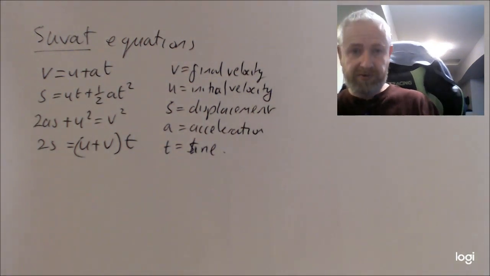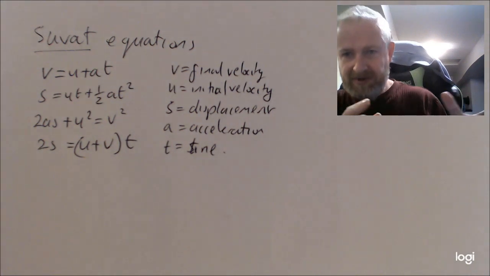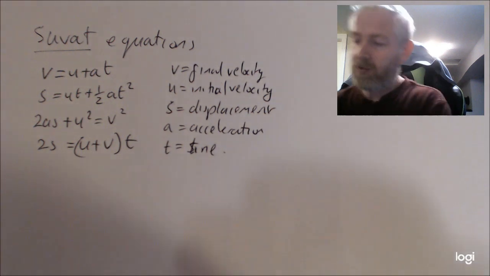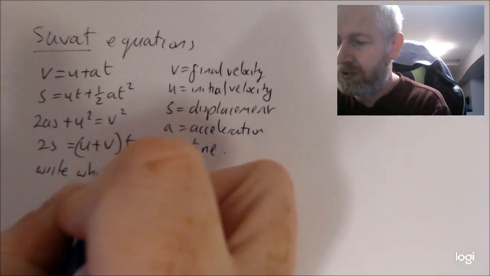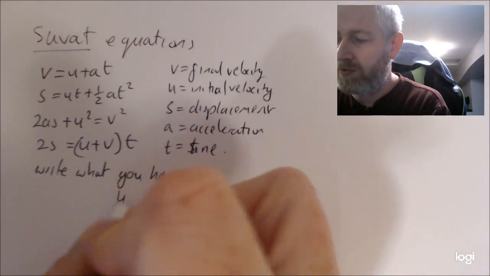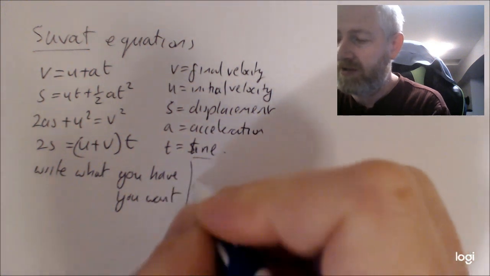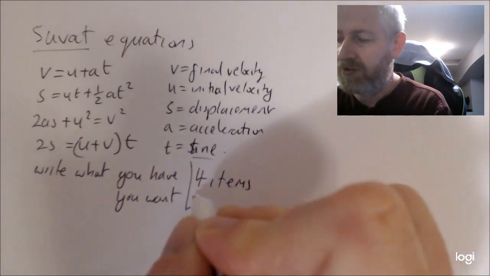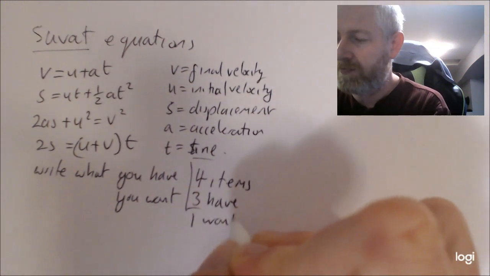How we approach those questions is when you get something that's asking for a missing thing, be it acceleration or time or displacement, what you do is you write down what you have. You write down what you want. And by the time you've done that, you need to have a list of 4 items: 3 that you have, 1 that you want.